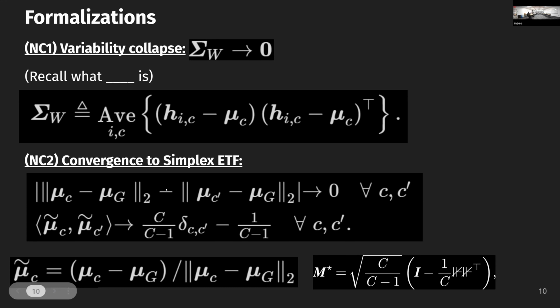So we have this idea that the difference between the class means and the global means are going to converge to zero. For one class, it's going to get some distance to the mean. Other classes are also going to get that distance to the global mean, right?